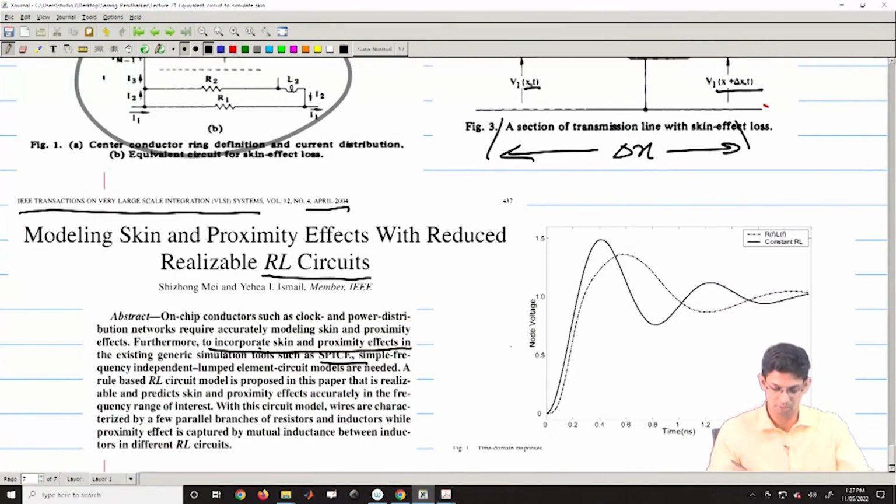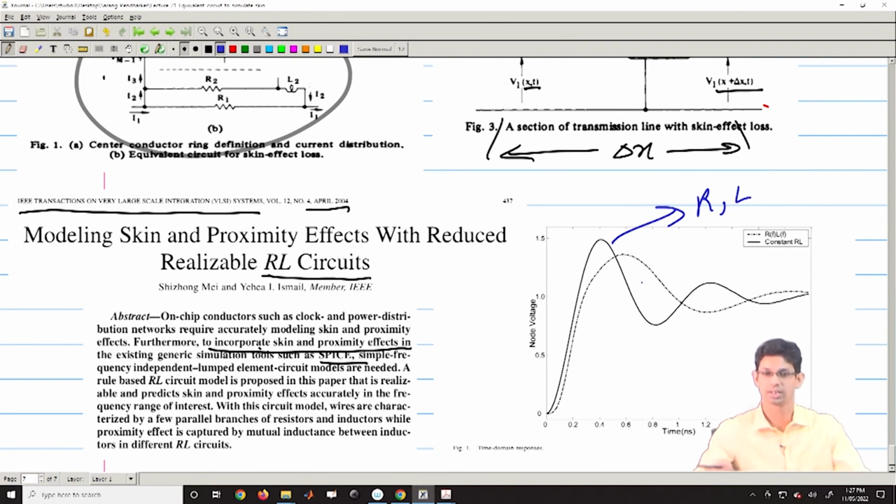In this paper there is an interesting figure which shows how the response would vary. This is your node voltage with respect to time. This is for the case when R and L are constant, they are not functions of frequency.